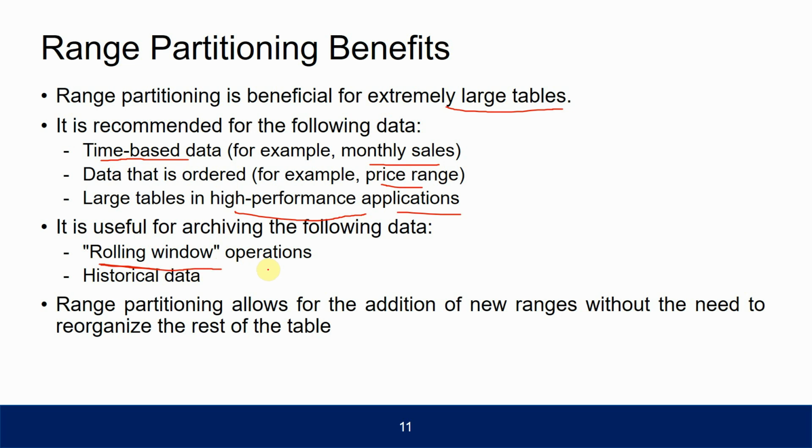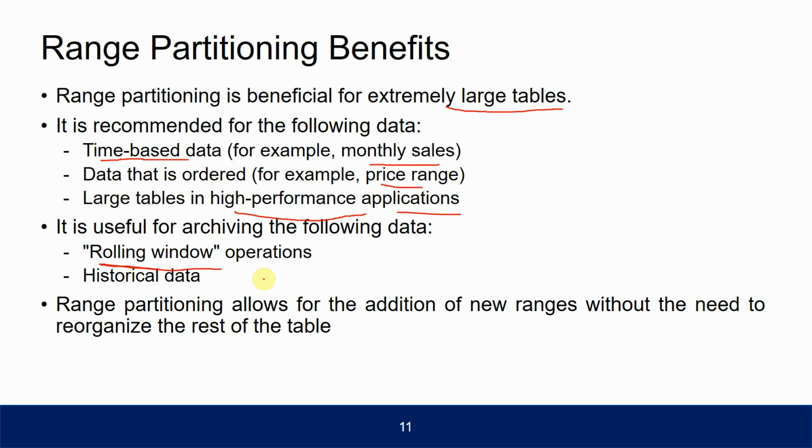I'll create a separate partition for my sales data or my accounts data for the year 2021-22, and this window will continue. After 6 years, I can safely delete the old partitions. So at any point in time, I will have a window of 5 years of data available to me, and I can delete the old data. Or in other words, if I want to maintain the old data as well, I can find the historical data by specifying the partition.